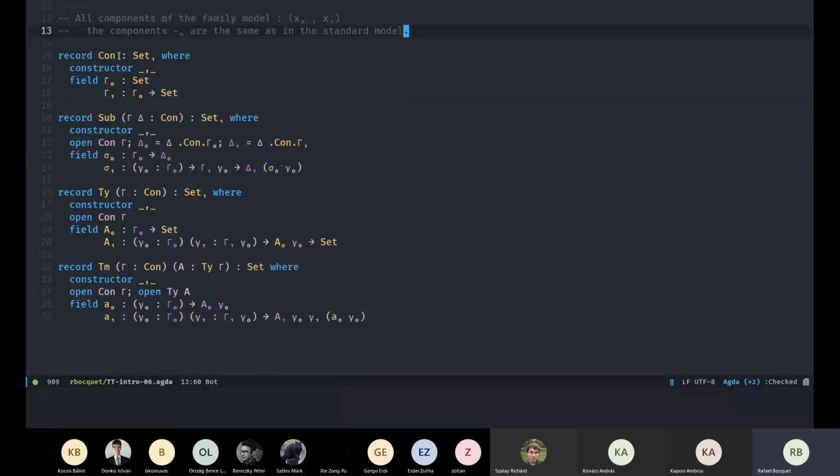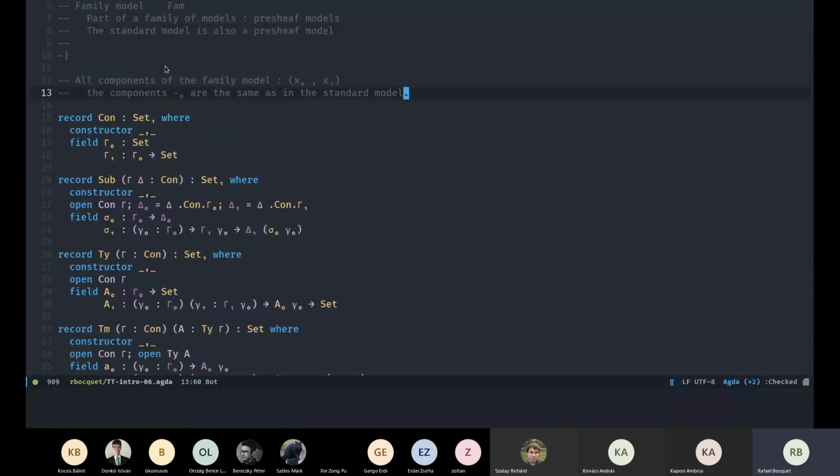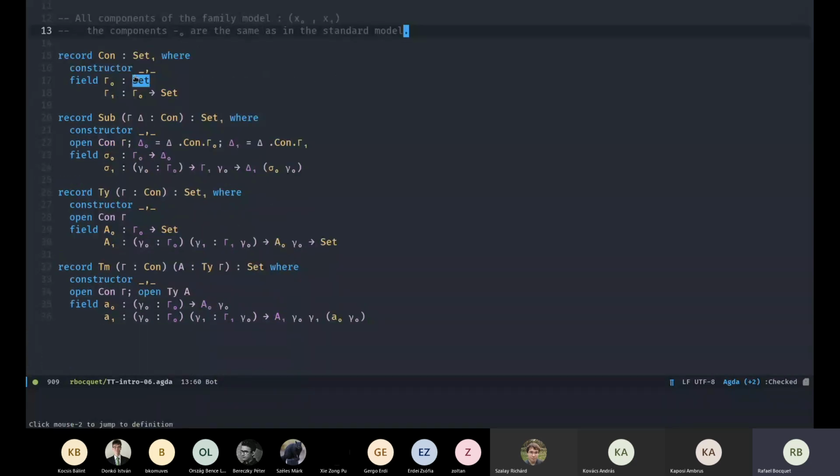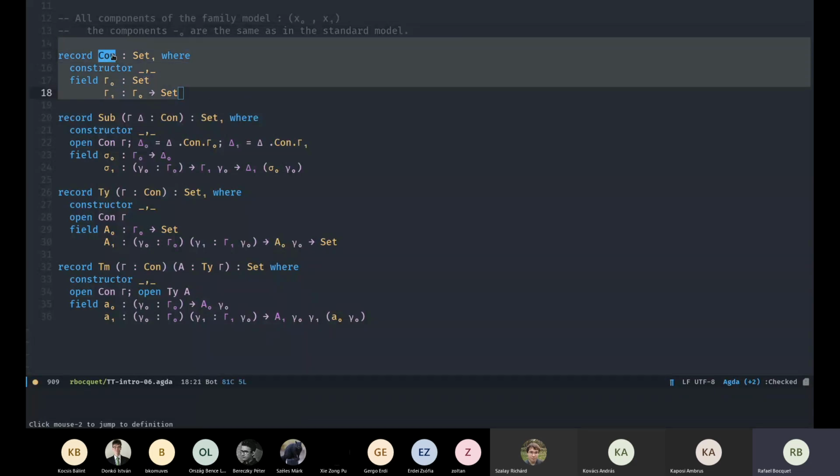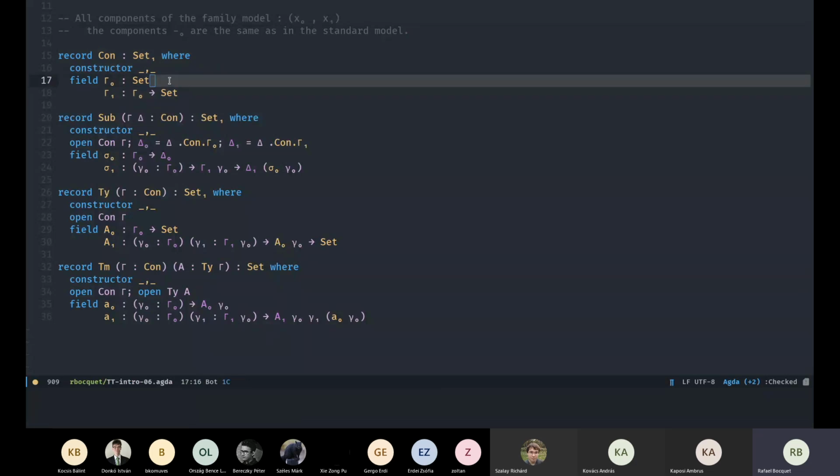Okay, so here I have defined contexts, substitutions, types, and terms of a family model in Agda. A context is given by a set, gamma 0, just like in the standard model, and then a family of sets, gamma 1. Let's look at types.